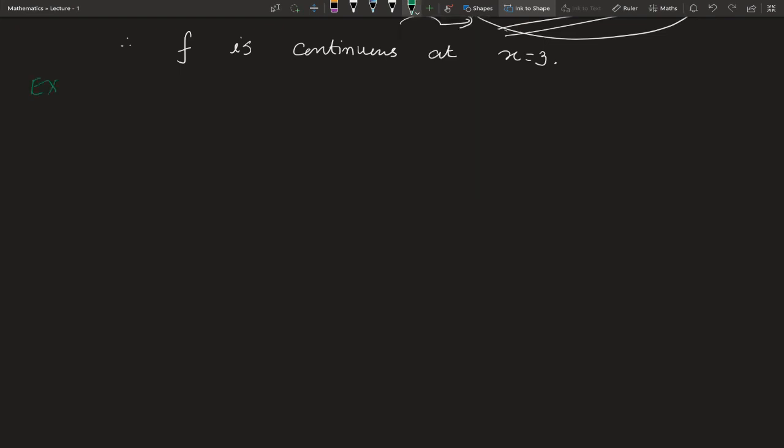Example: examine the following functions for continuity.